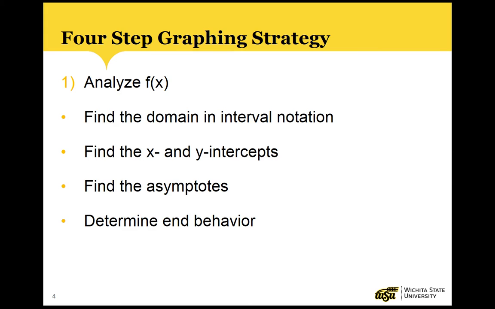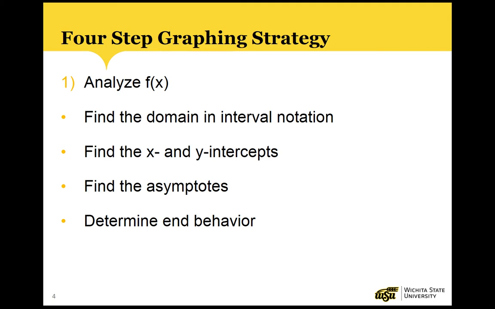In order to apply this graphing strategy, we're going to develop a four-step method. The first major step in this method is to analyze the original function f of x. We're going to find its domain and record it in interval notation. We're going to do this based upon the properties of the function.